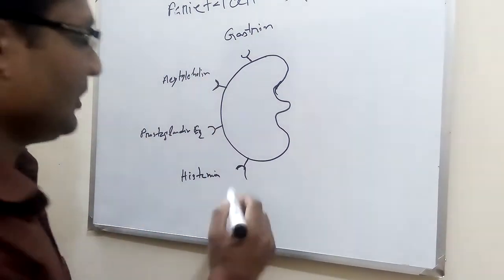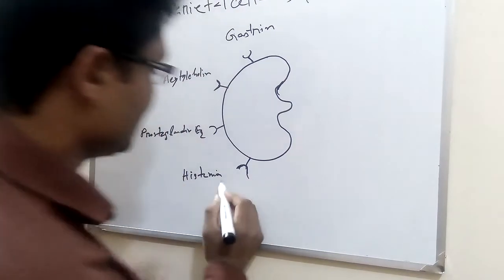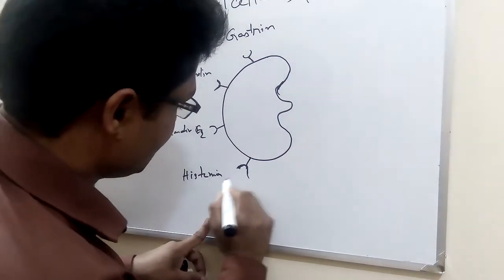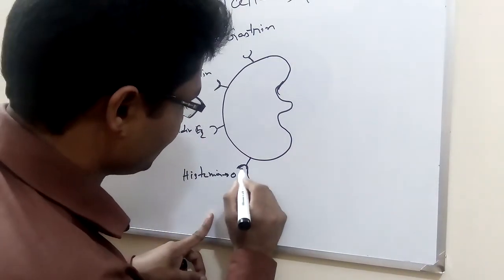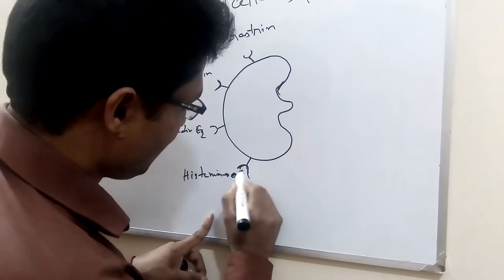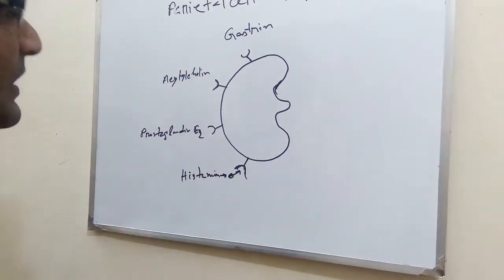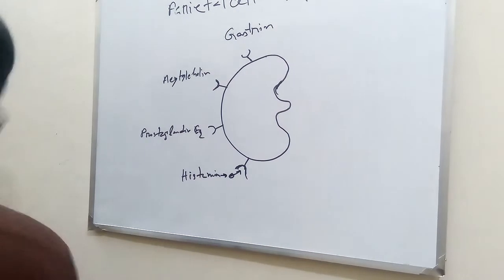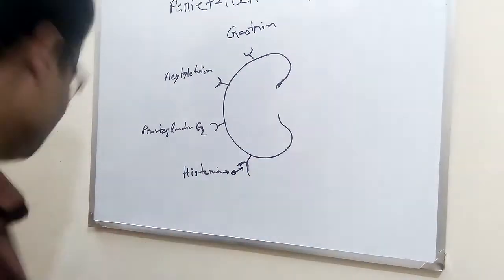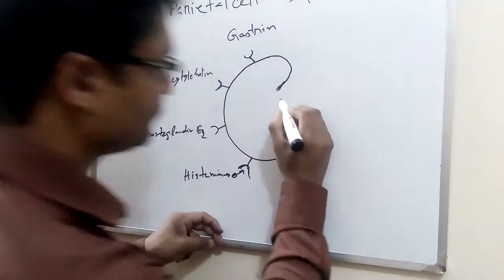So when the histamine binds to the histamine receptor, here we know that the parietal cell is totally controlled by the proton pump.